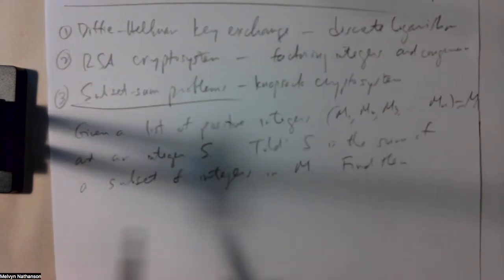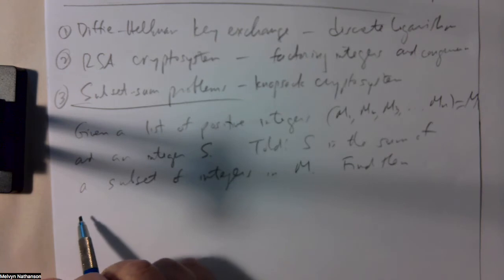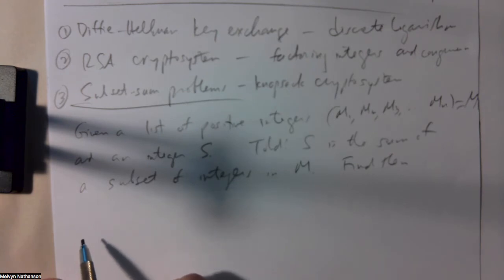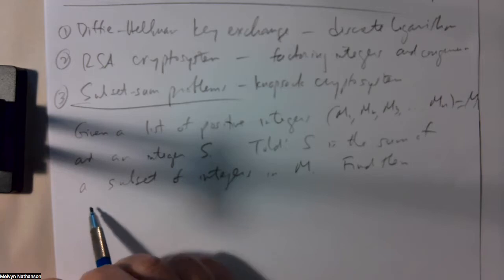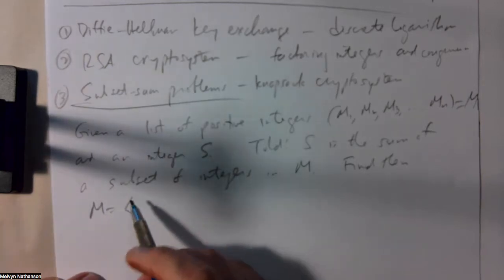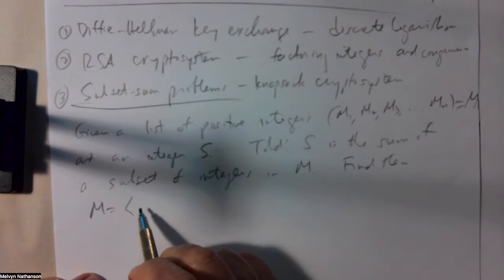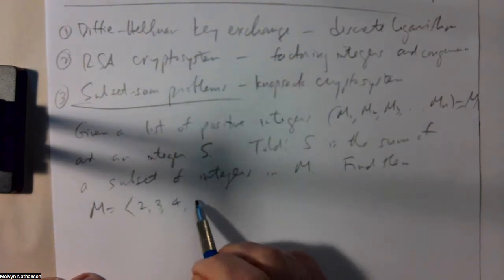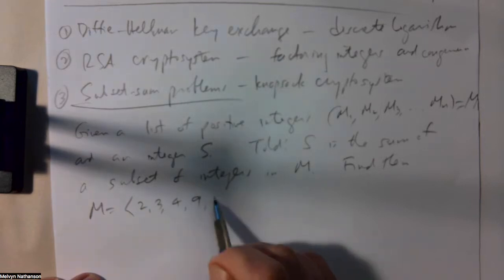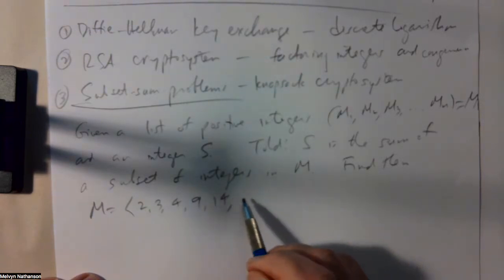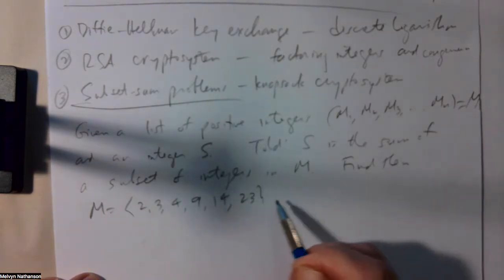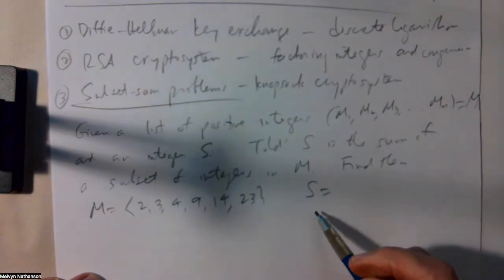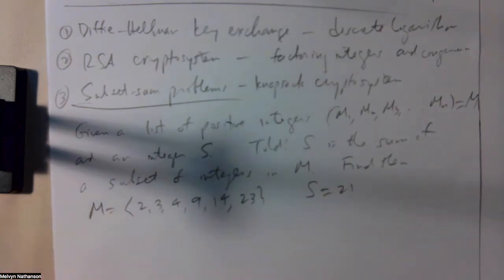So here's a simple example that you find in the beginning in this section of the book, section 7.2, chapter 7, page 377. Suppose M is the set of integers 2, 3, 4, 9, 14, and 23, and S is the number 21.